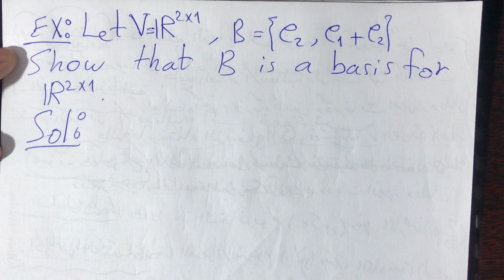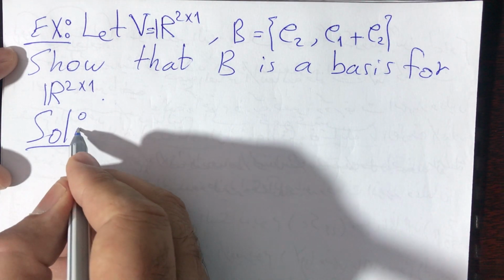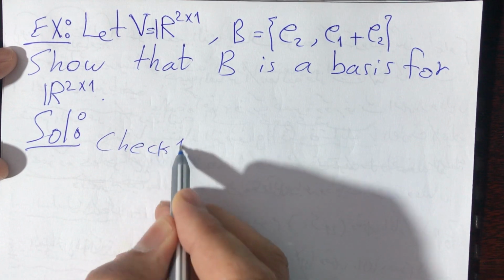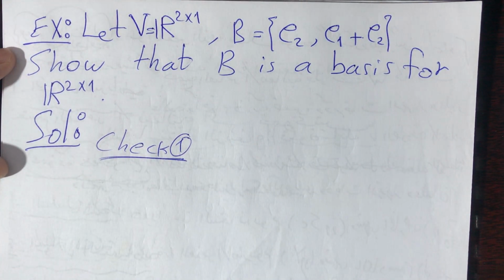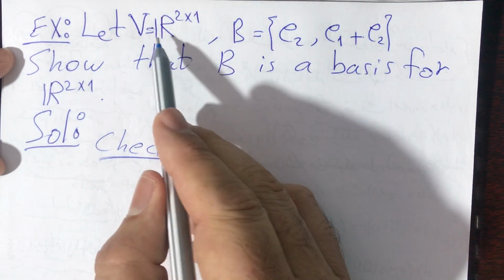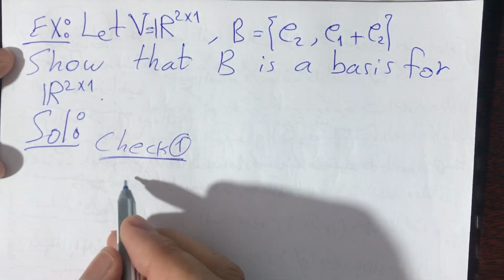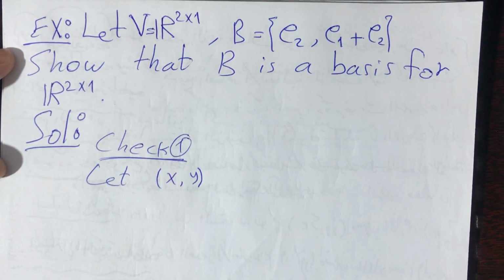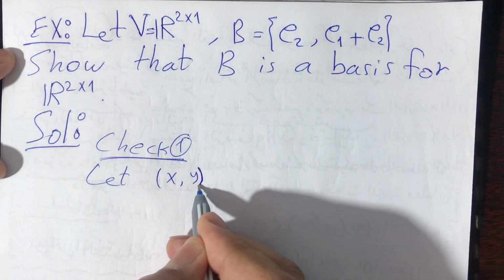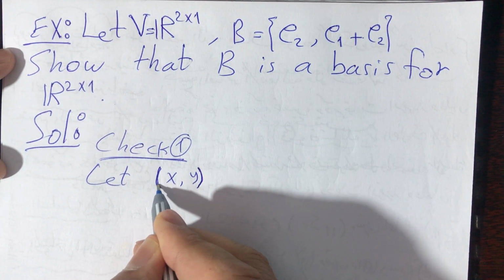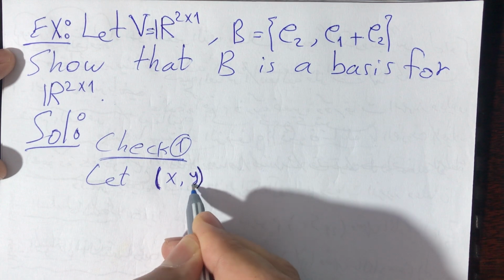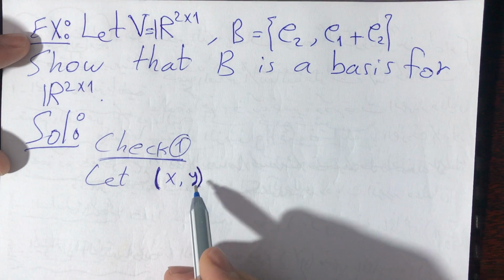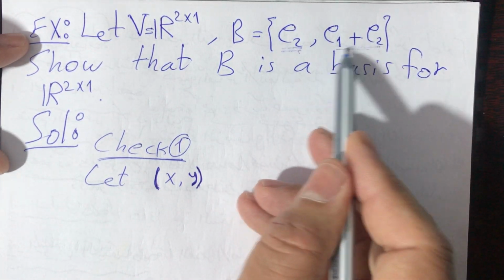Also the same way, we can first check the first condition: should the set span all vectors in R2 times 1. Let me take any point (x, y), any point in R2 times 1. How can I write this point, in general form, as a linear combination of these two vectors?